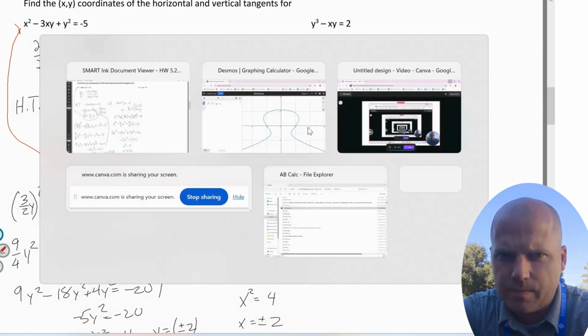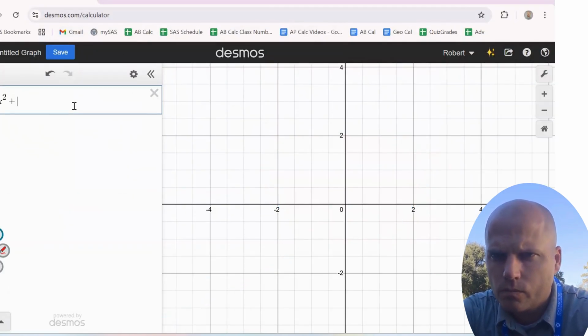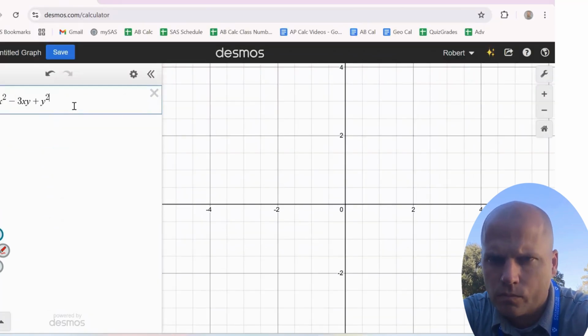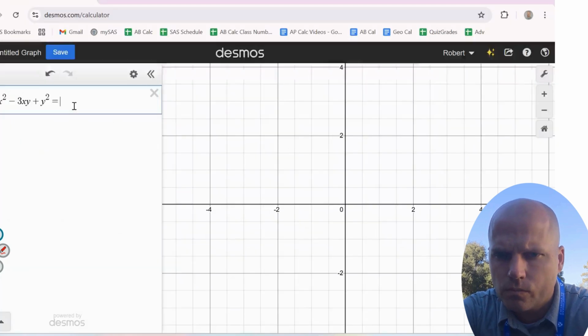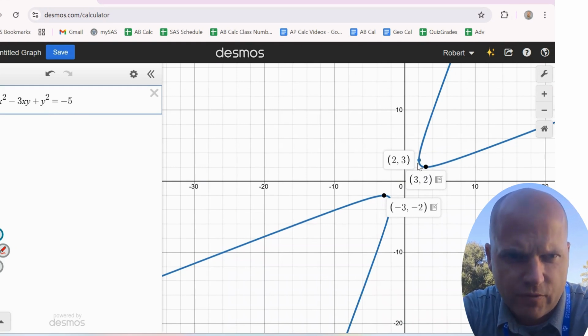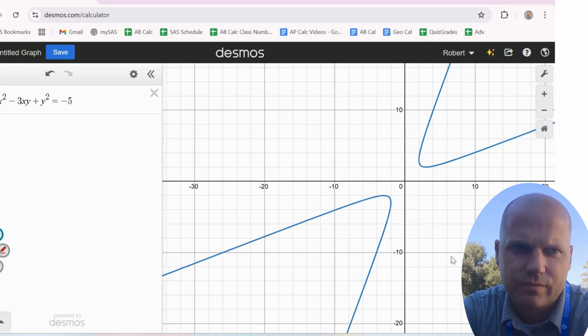Crazy symmetry. Yeah, look at that. 3, 2, -3, -2. Horizontal tangents. Vertical tangents, 2, 3, -2, -3.